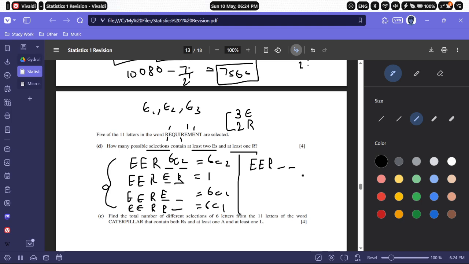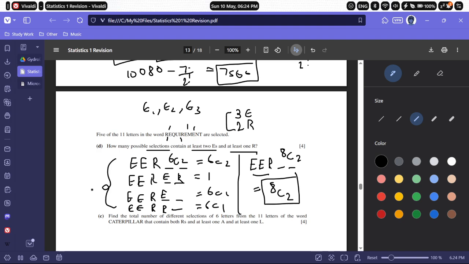So what you can do is simply think about the remaining letters apart from these three letters. 11 minus 3 is 8. You're left with 8 letters, and you just have to choose any two letters. It doesn't matter which two letters you choose, because they are all valid cases. So 8C2 would literally score you 4 marks for this.